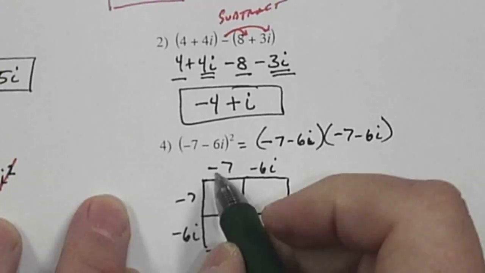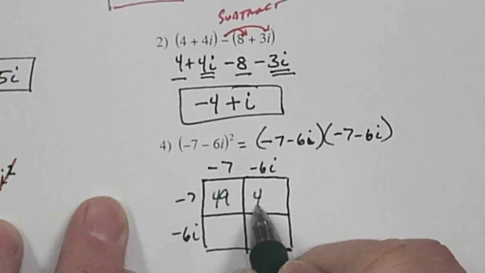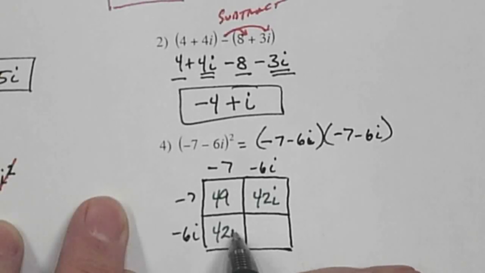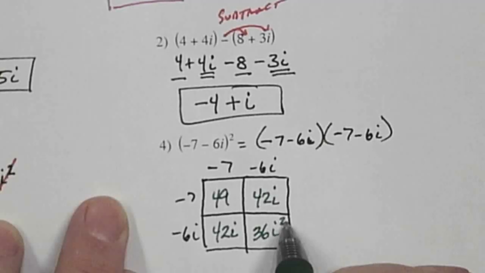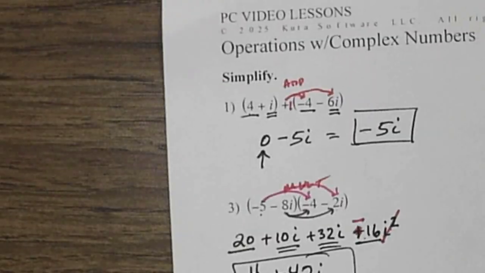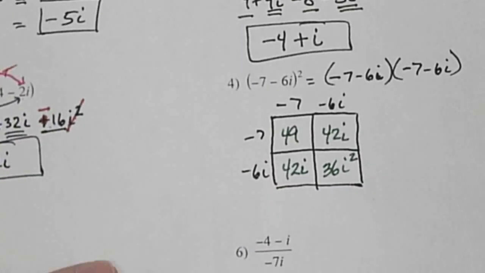We'll go green here. That's going to be -7 and -7, 49. -7 times -6 is 42i. This will also be 42i. And this will be 36i squared. You're just organizing your work rather than listing it out like so. You're organizing in a box. Good for you.